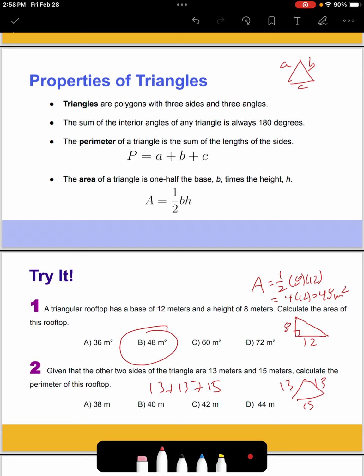That'd be 26 plus 15, which equals 41. So I think 41 is our answer, 41 meters.